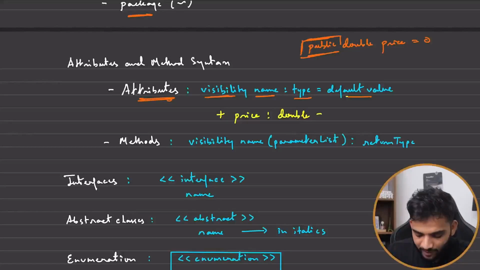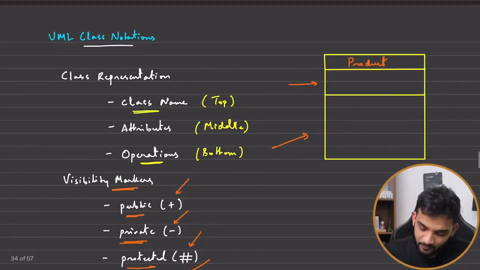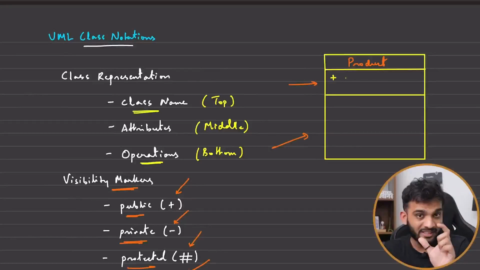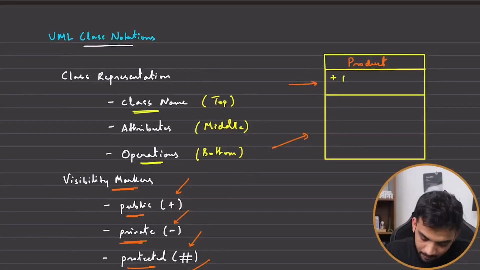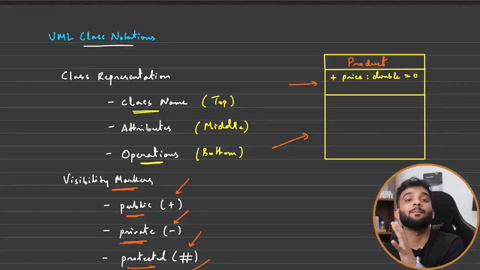After that, the default value, if it has. So the default value is 0. So imagine if I have a product, I'll write plus, that's the visibility marker, then price, then colon double, and then the default value. This is how you write attributes in the middle compartment.